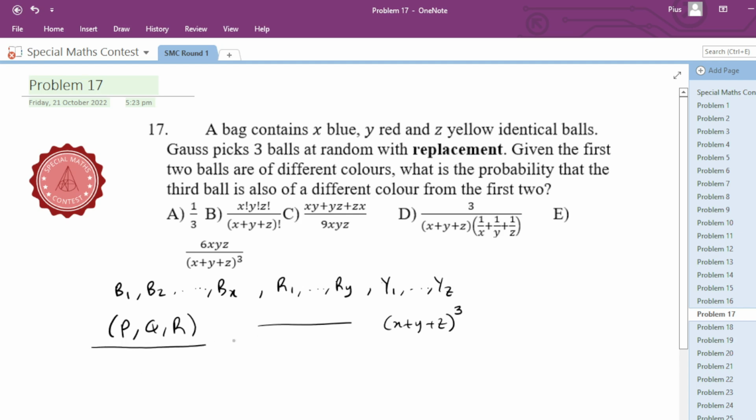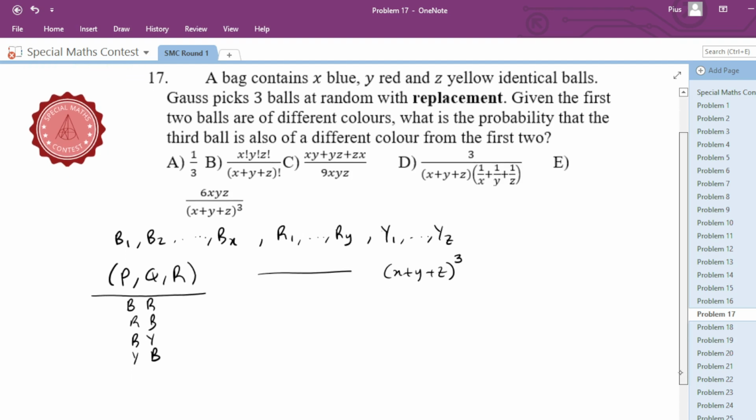So we're assuming that P and Q have different colors, and we don't really care about R. For the coloring, we could have blue red, red blue, blue yellow, yellow blue, or red yellow and yellow red. Since these are mutually exclusive, we cannot have any 2 at the same time, so we can simply add up whatever we have.